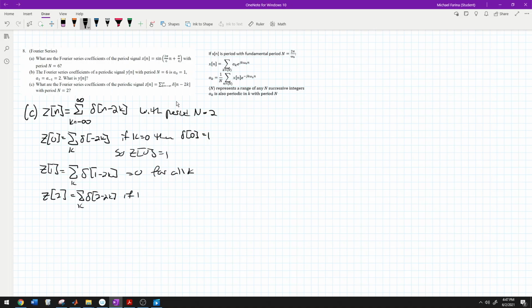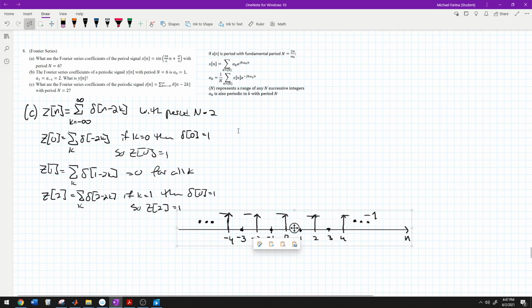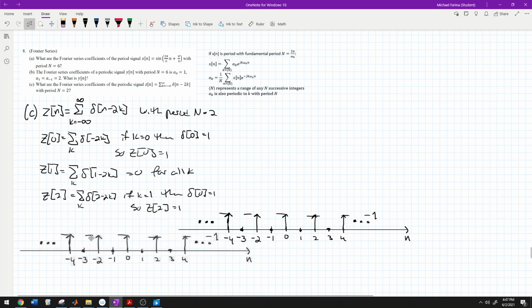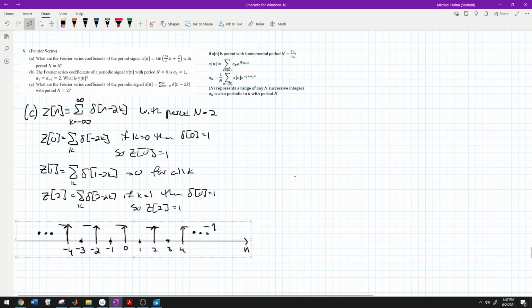And if k is equal to 1, then we get delta of 0, and that equals 1. So z of 2 equals 1. And here's what that infinite impulse stream looks like, just like that.